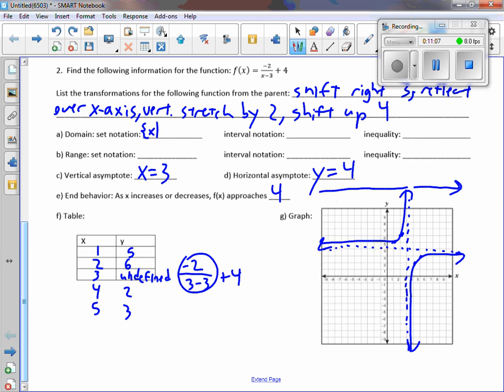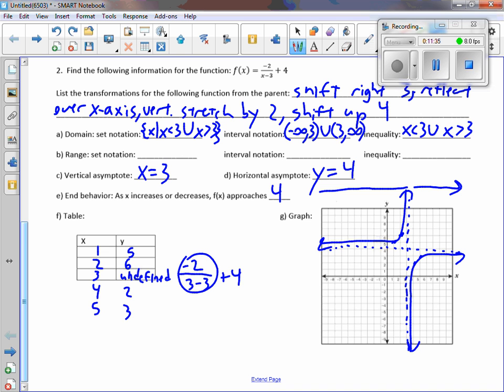So we have x is less than 3 union, then x is greater than 3. Interval notation is negative infinity to 3, union 3 to infinity. Inequality would be x is less than 3, union, then x is greater than 3.